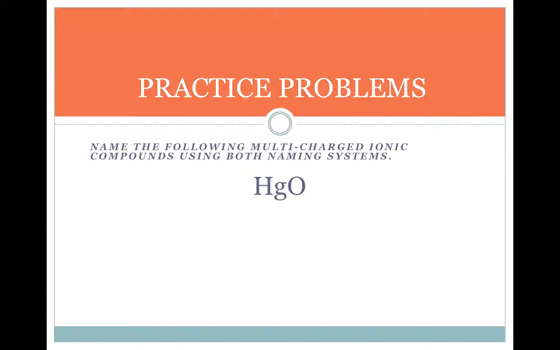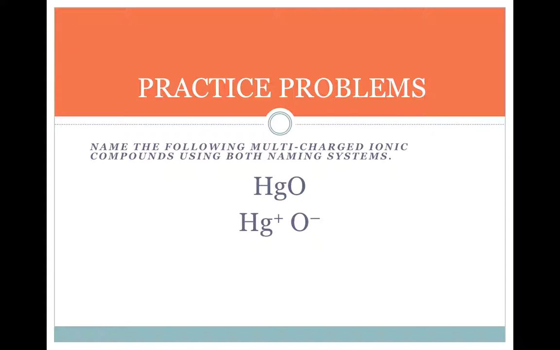First step is you're going to do reverse crisscross. If I do reverse crisscross, both of the subscripts right now are 1. So when I do reverse crisscross, mercury is going to have a charge of +1. Oxide is going to have a charge of -1. The next step is you ask yourself, is that the correct charge for oxygen?